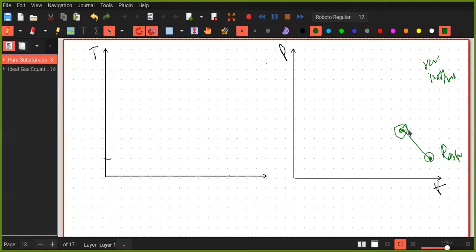So what is the significance of this point? If we compress it a bit more, we get water droplets. If I name this point A and this point B, from point B we are moving in this direction.